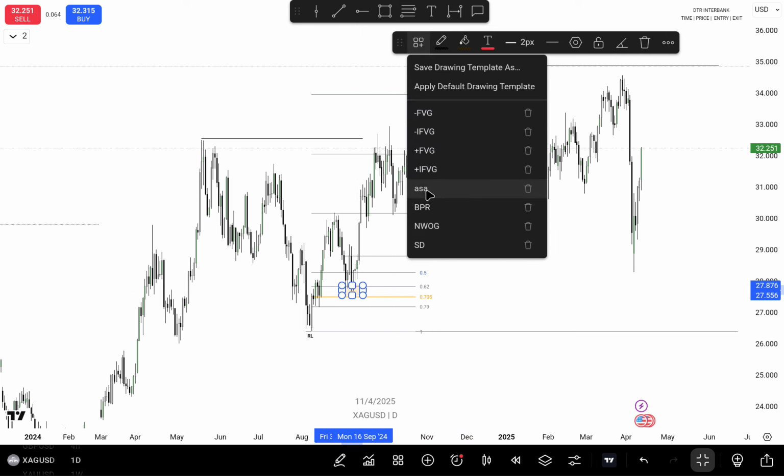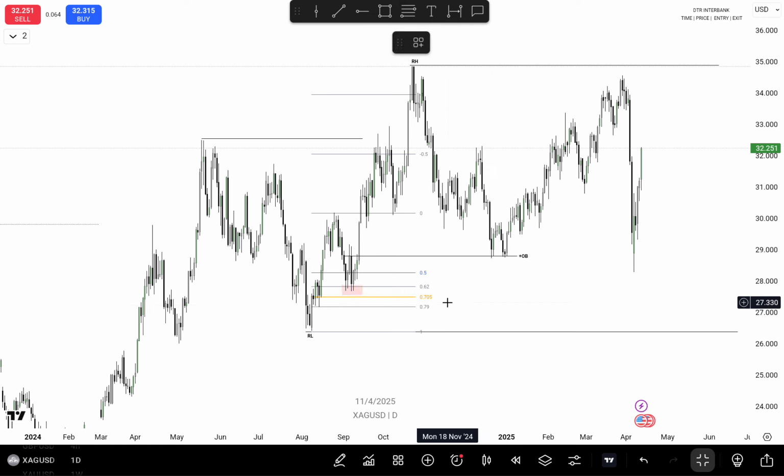This is great. And then we expand. Retrace, we expand. We drop down all the way back to the order block, and then we expand.